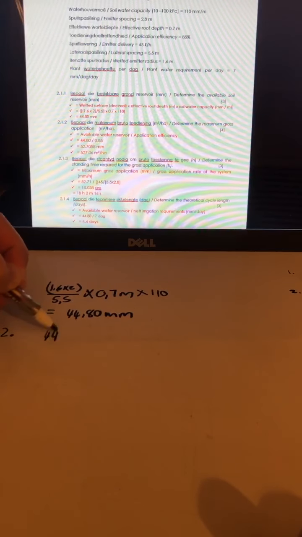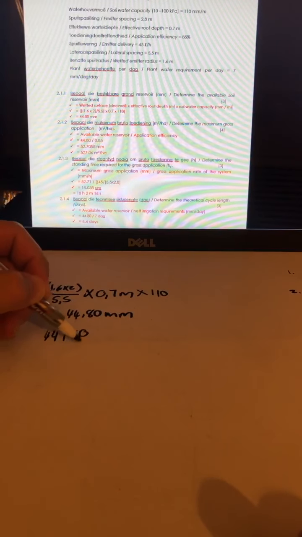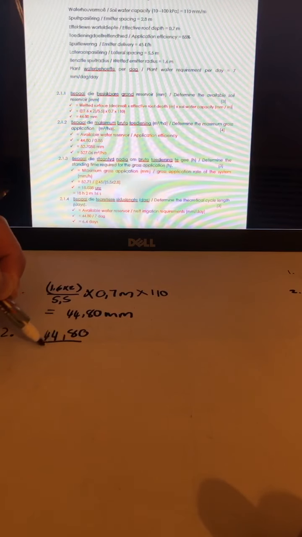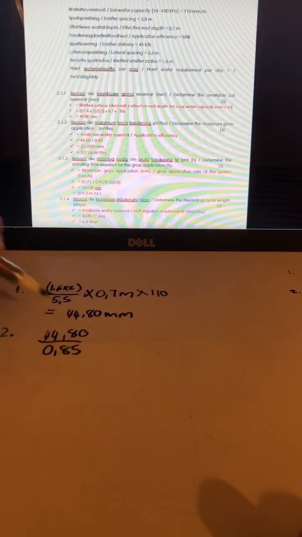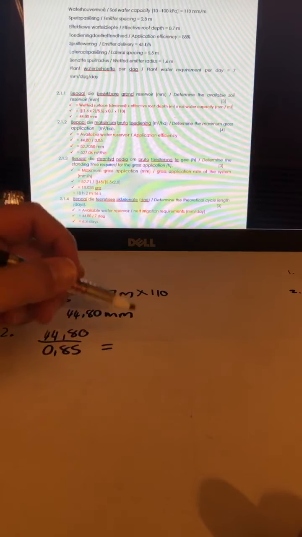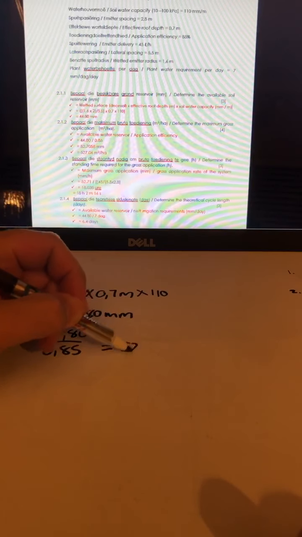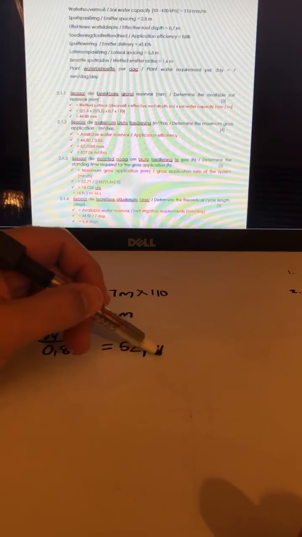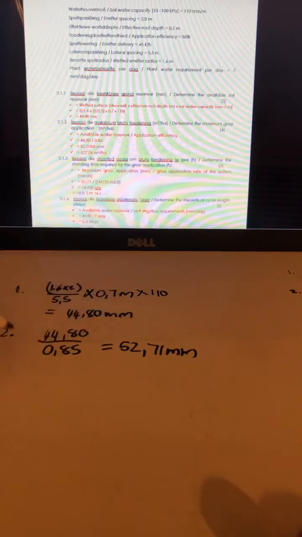So 44,80 millimeters divided by 0,85 will give you 52,71 millimeters. That's how much you should apply.